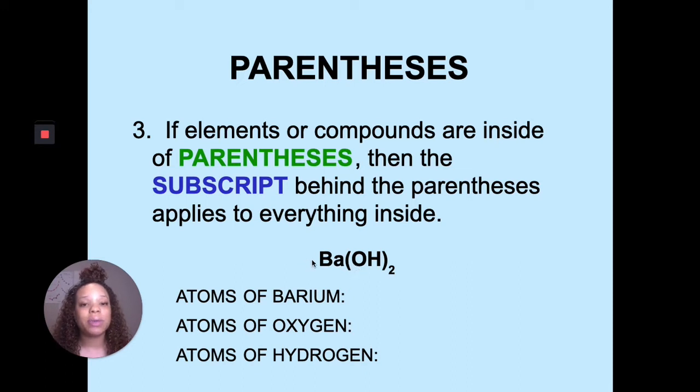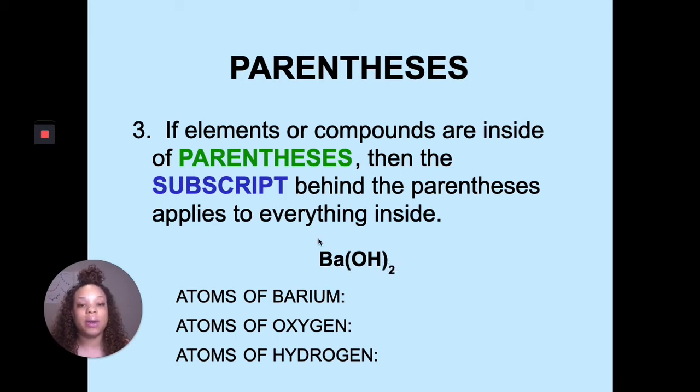There's no big number, but because it's in parentheses, this subscript of 2 is going to apply to this oxygen. So 2 times 1 oxygen is going to give us 2 oxygens. Then we're going to move over to hydrogen, which is also inside of the parentheses. This hydrogen needs to be multiplied times 2, just like oxygen was, which means that we have 2 hydrogen.